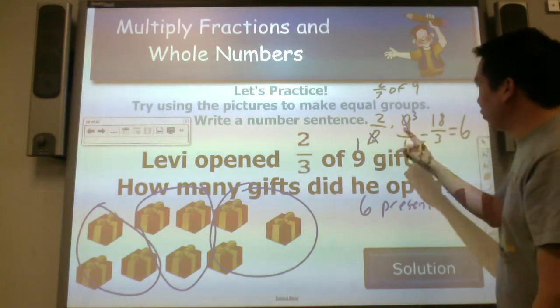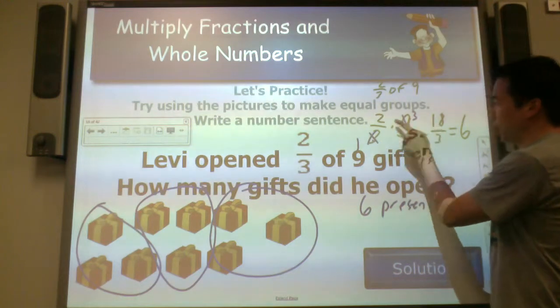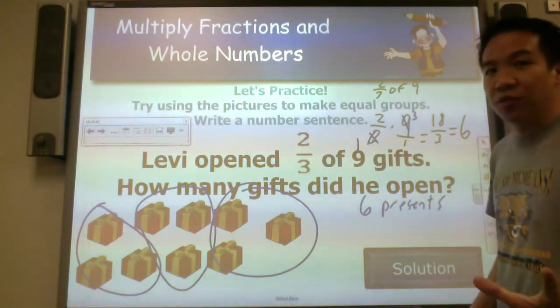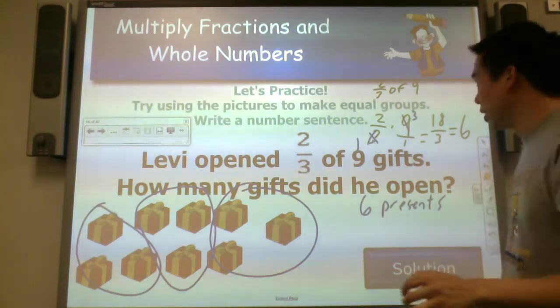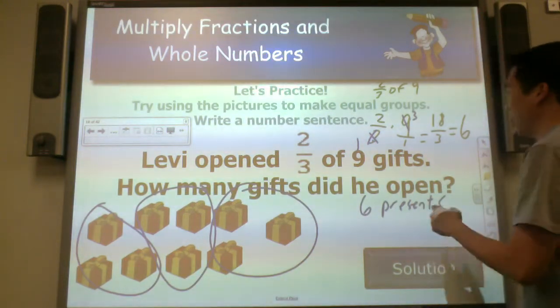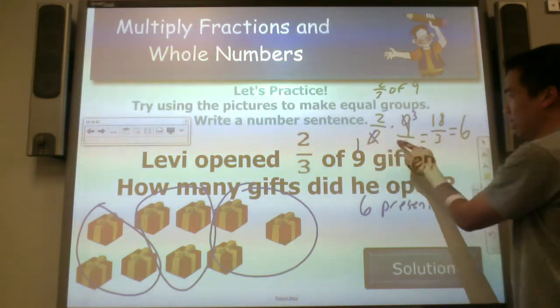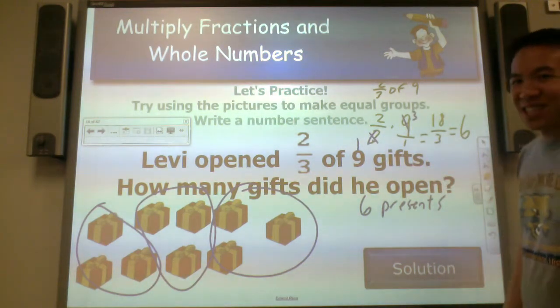So I simplify 9/3 as 3 over 1. That's only if you like cross simplification. I don't really teach this as much because for a lot of kids it's very confusing. I'd rather just multiply and times away. So 2 times 3 is 6. 1 times 1 is 1. That's why the answer is just 6.